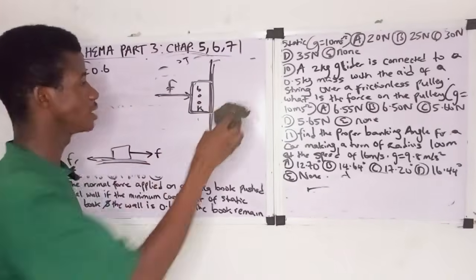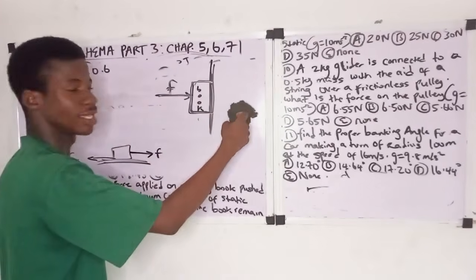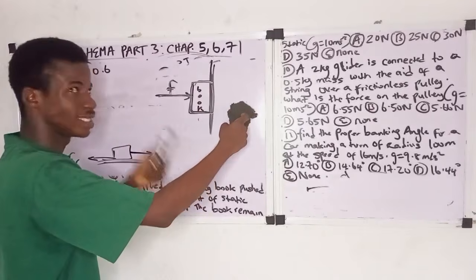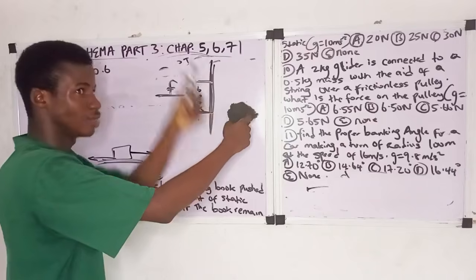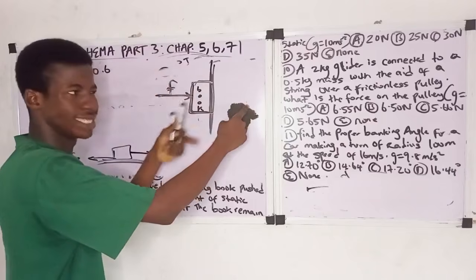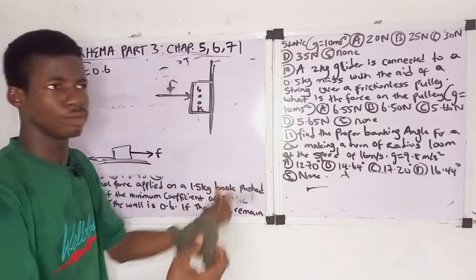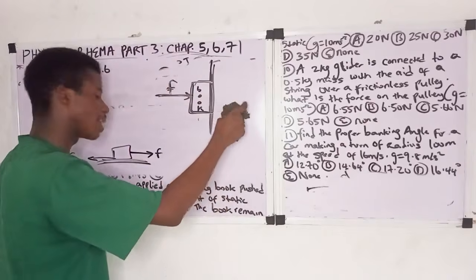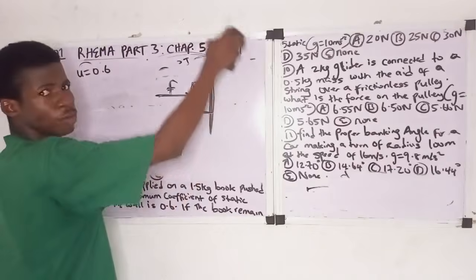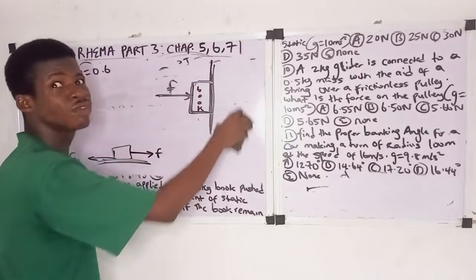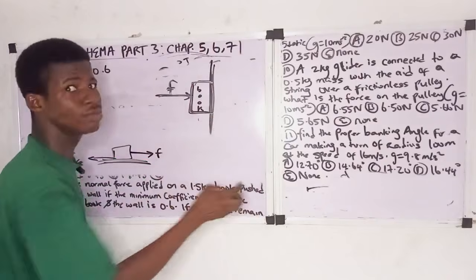Just like I'm holding this duster against this wall, in which direction will it move? Will it easily move up? No. It will easily move downward, right? Look at it. It cannot move against my hand.